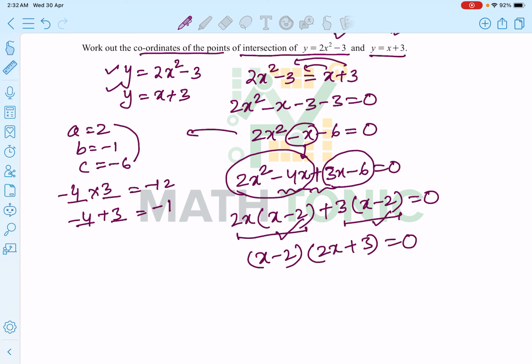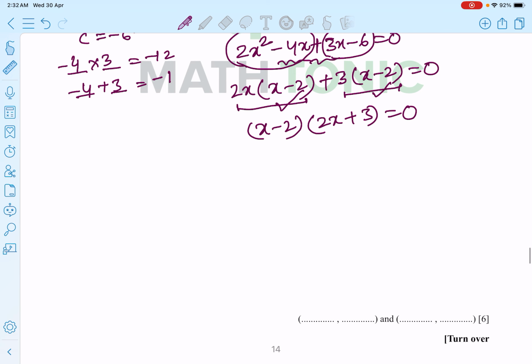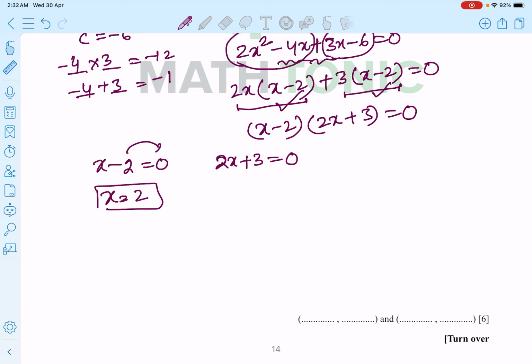So we got these two factors. Please make each one equal to 0. So x minus 2 equals 0, or 2x plus 3 equals 0. So x equals 2, and 2x equals minus 3, so x equals minus 3 over 2. We got these two values.